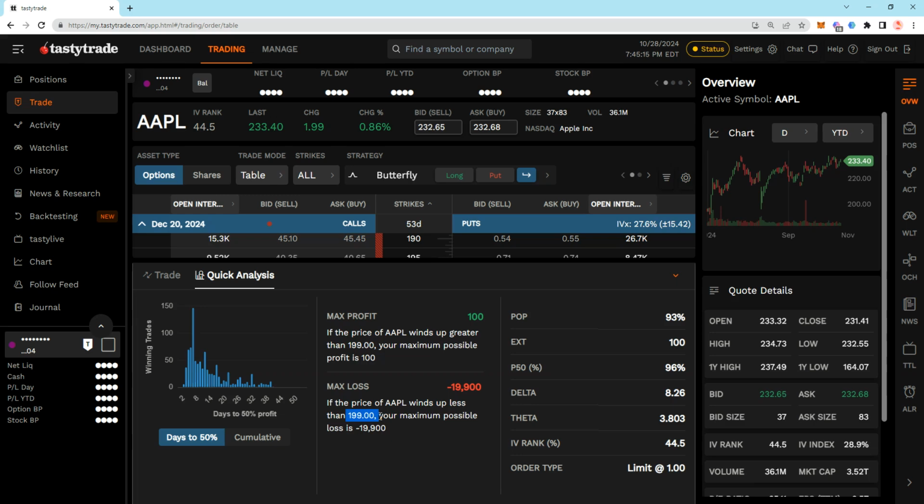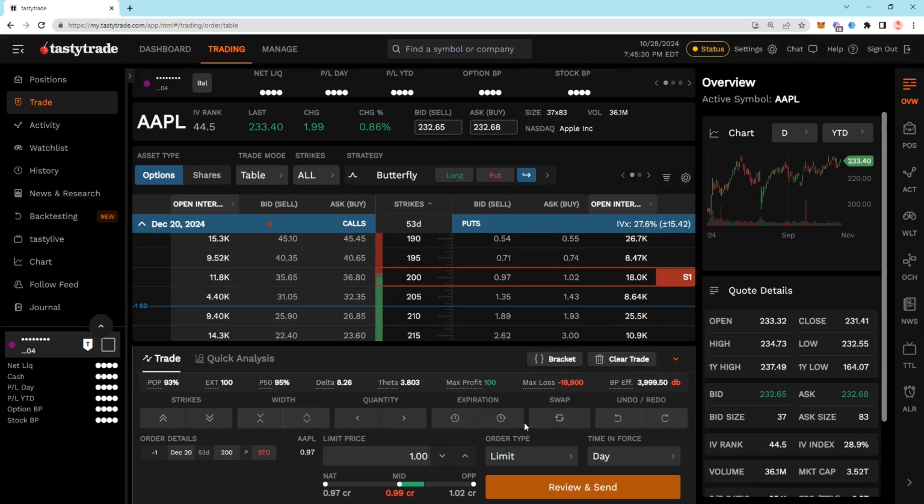And if Apple goes down 8 times more than the expected move of the ATR, okay, and goes from 233 to 200, yeah, I will probably close the trade. Okay, you can close the trade and not get assigned, or if you want to get assigned, you will at that point need to have $20,000. But Tastyworks, as of now, they just want you to have $4,000 to take this trade.